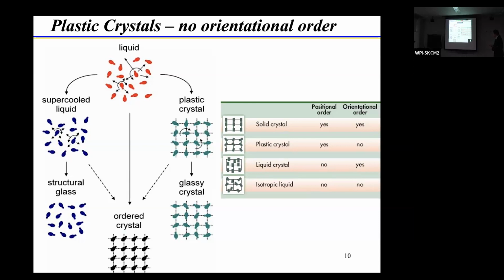Now, there are plastic crystals that have positional ordering, but no orientational ordering. So in these types of materials, you could imagine on a crystalline lattice that, unlike in a crystal, the little anisotropic blocks have well-defined positions in the centers of some periodic lattice, but their orientations are disordered, right?